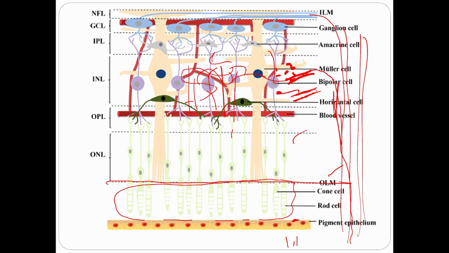Their short processes bind the retinal capillaries, so that even if gaps are there, they will be filled. To some extent, even your Muller cells offer this as a blood retinal barrier. This is the inner blood retinal barrier you call it, and this was the outer blood retinal barrier.